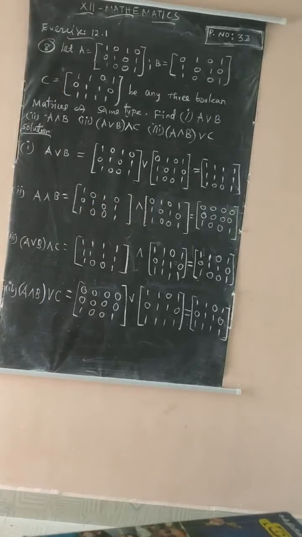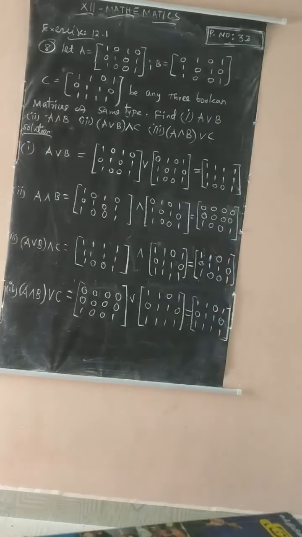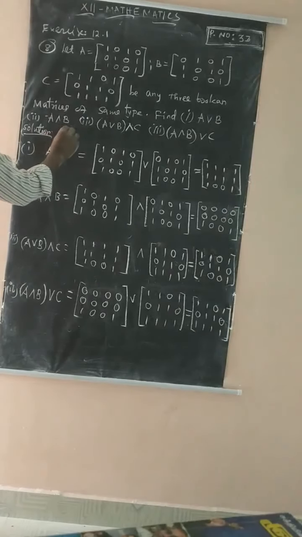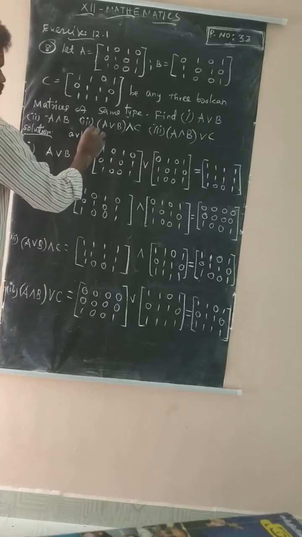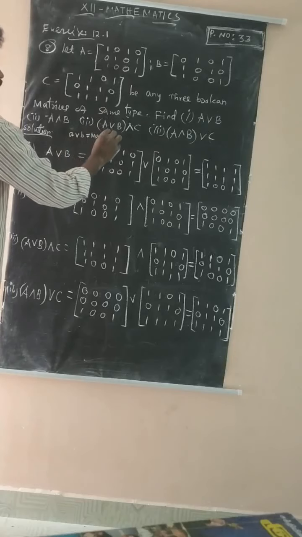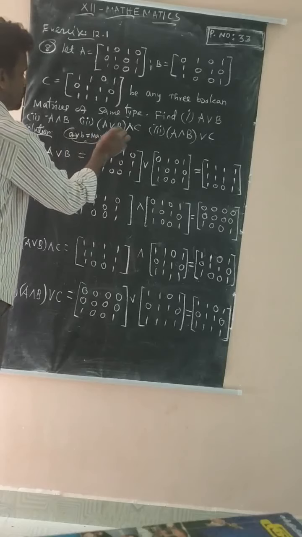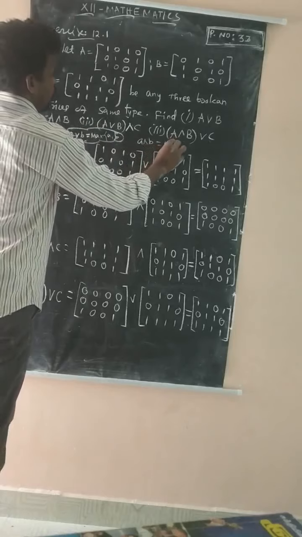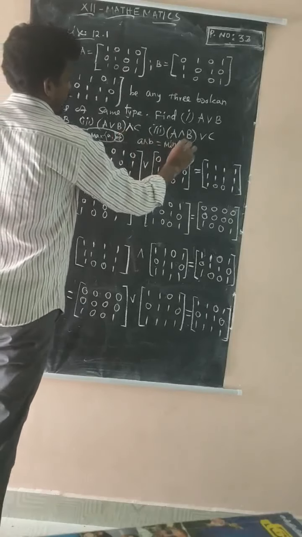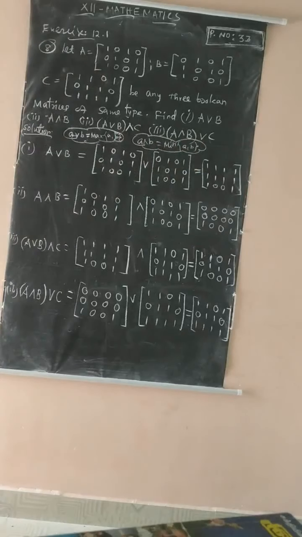We already know the definitions, students. A join B is nothing but the maximum of a comma b, and A meet B is equal to the minimum of a comma b. That is the other definition.